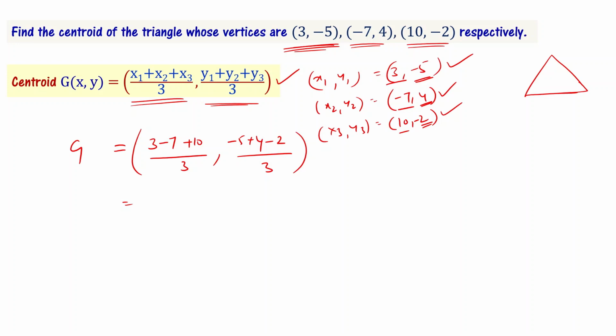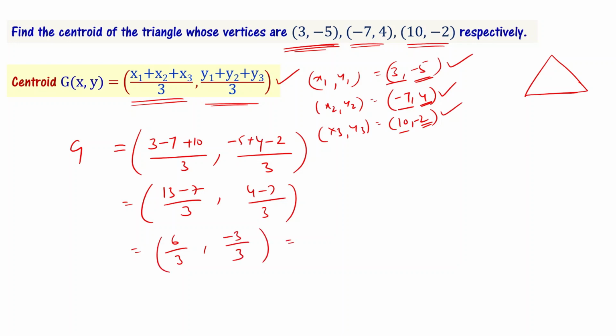So this is 13 minus 7 by 3, comma this is 4 minus 7 by 3, right? So this is 6 by 3, right? And this is minus 3 by 3. This can be written as 2 comma minus 1.